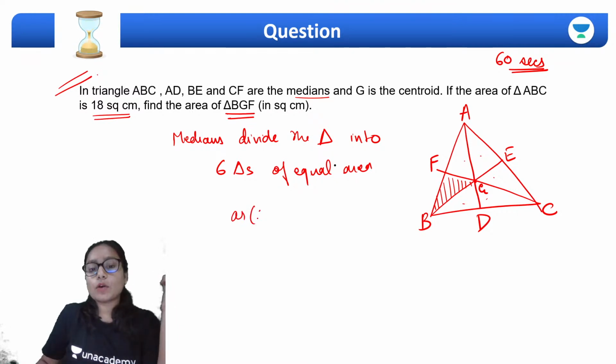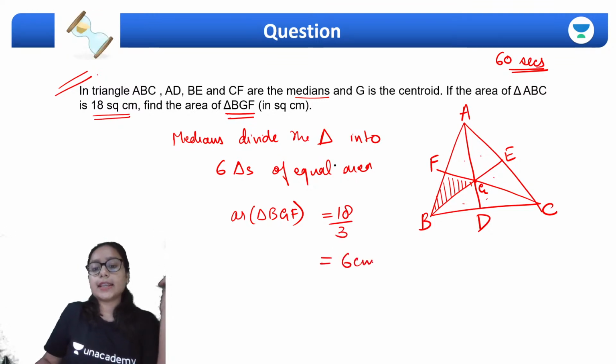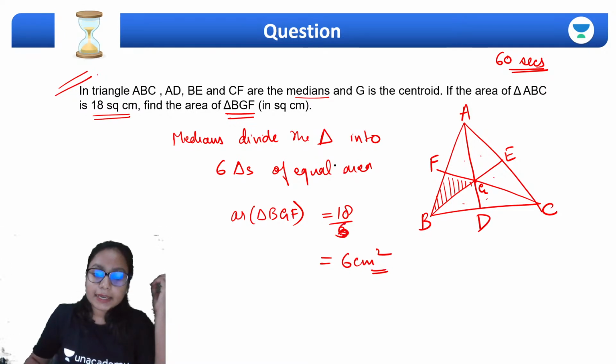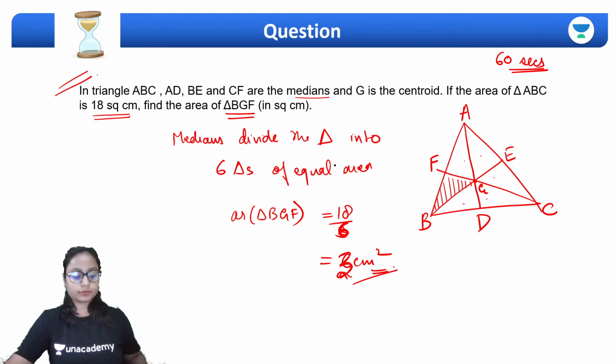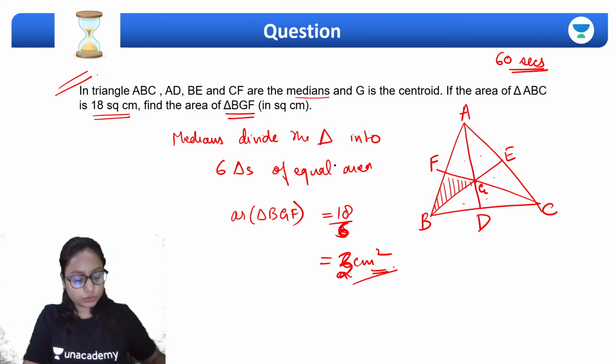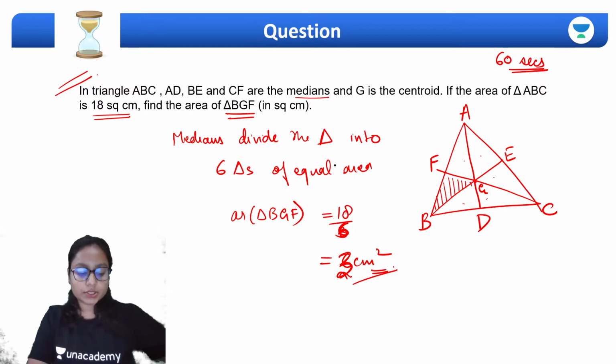So the area of triangle BGF will be 18 by 6, which is 3 centimeter square. Correct, 3 is the right answer. Great. Hi Himanshu. Any doubt in this question?